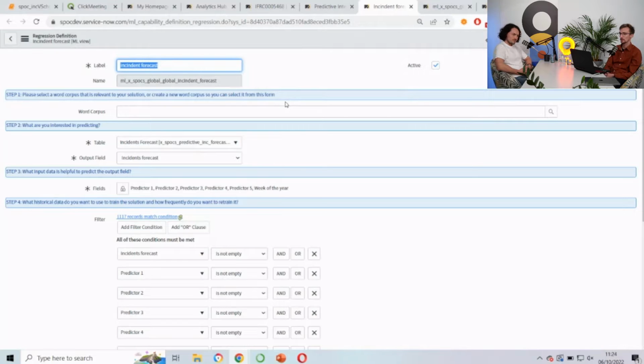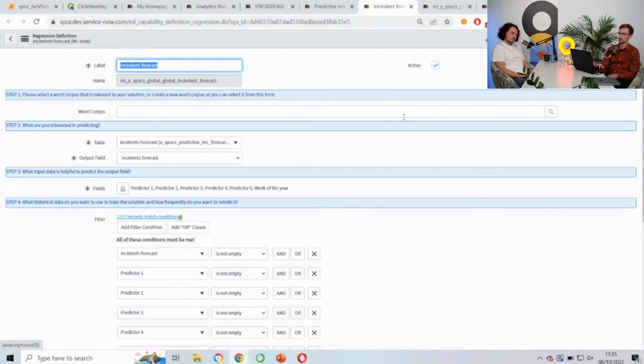Yeah. So what you see now is a regression definition form, where we can specify what to predict, and we choose the table. ML solutions are available for ITSM, HR, event management tables, but also for other tables as well. Basically, you could put any reference string fields into those outputs and train the model on them.